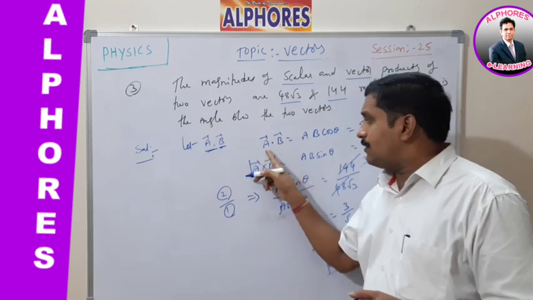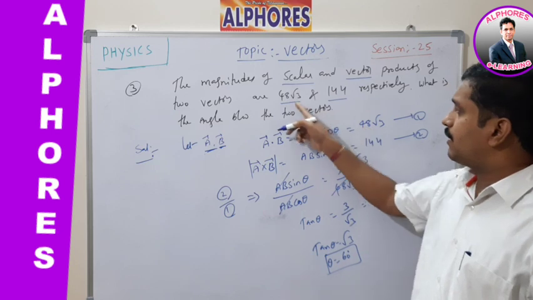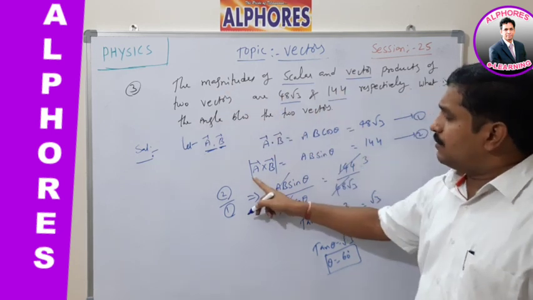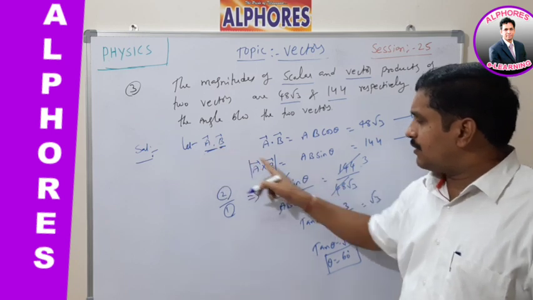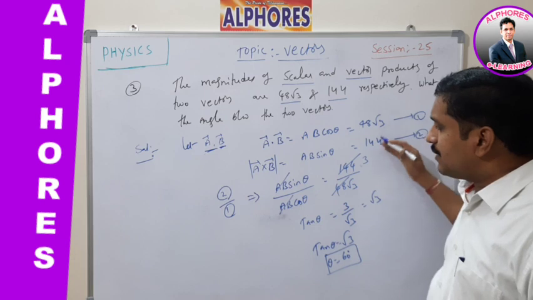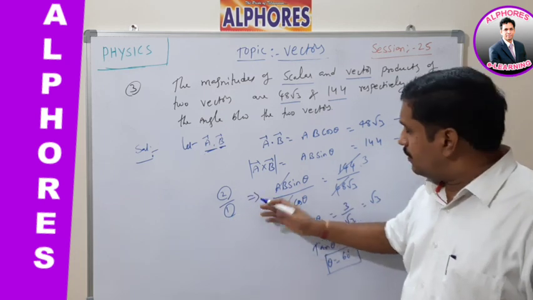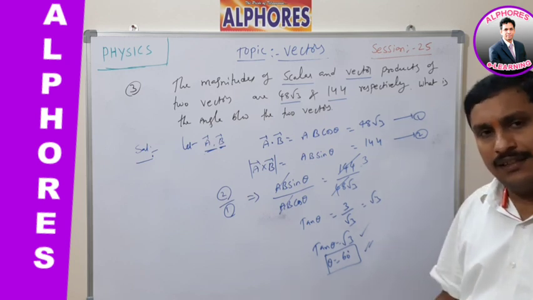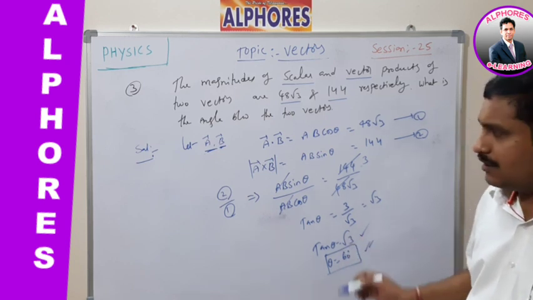Then the dot product of these two vectors, AB cos theta, is equal to 48√3 as per equation number 1. Now the magnitude of the vector product, modulus of A bar cross B bar, is equal to AB sin theta, that is equation number 2. So by dividing equation 2 by 1, I am getting tan theta is equal to root 3 and theta is equal to 60 degrees. Okay, so this is the answer. Please note down this one.